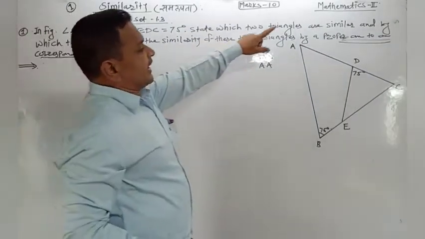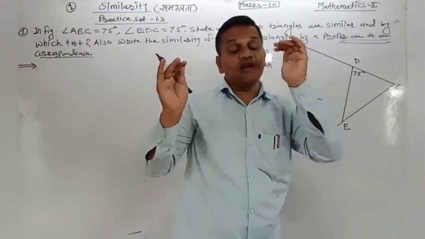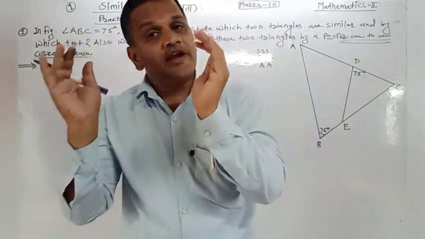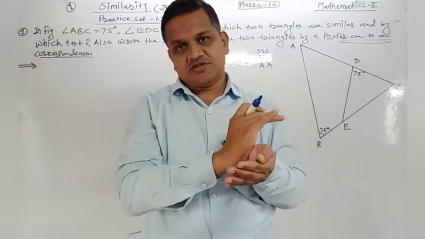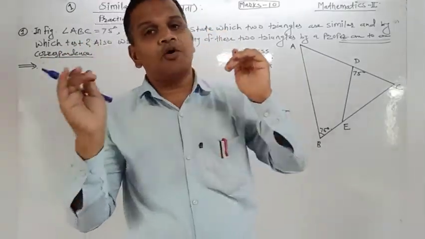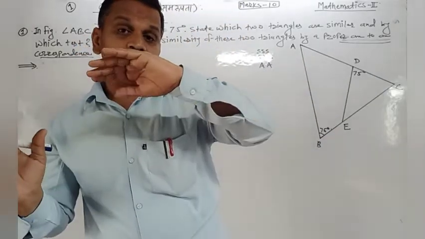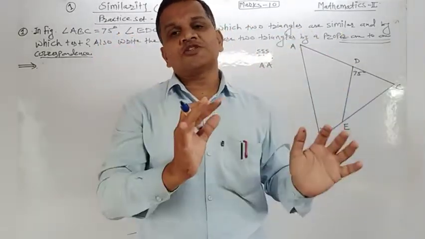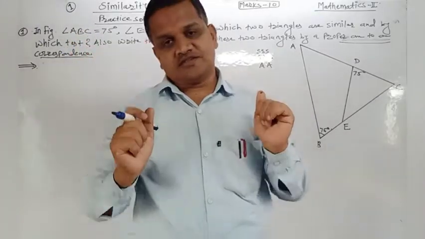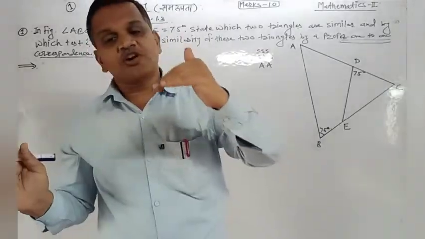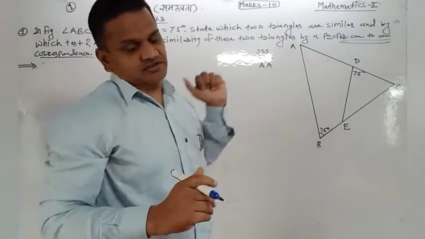Now, the names of the two triangles must be written according to their correspondence. The correspondence of two triangles is very important in similarity, and we can write the names of the two triangles by using one-to-one correspondence between the vertices of the two triangles.